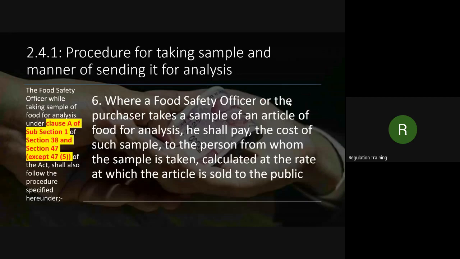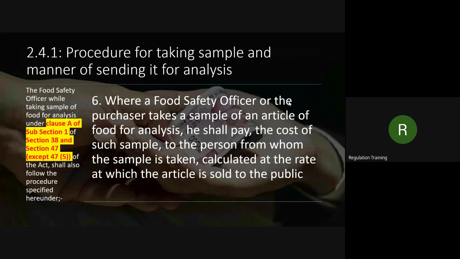Where a food safety officer or purchaser takes a sample, we have already spoken, the cost of the sample will be paid. Whoever is taking, whether it is the purchaser or the FSO, they have to pay the money, and the money should be calculated at the rate at which the article is sold to the public.